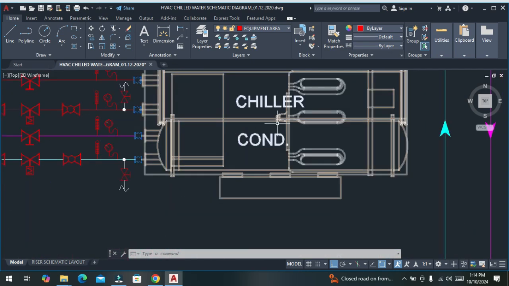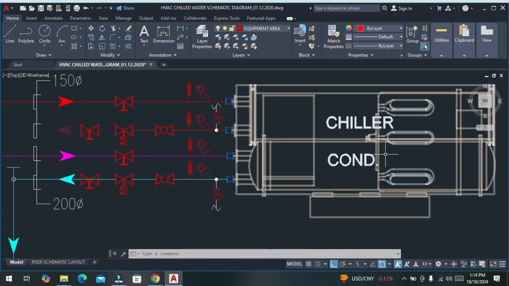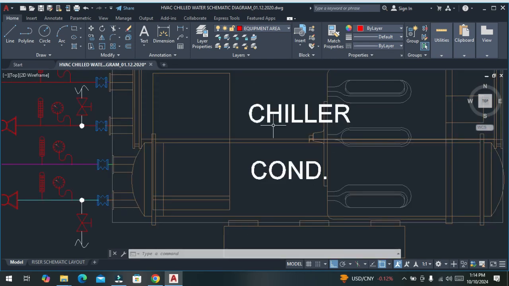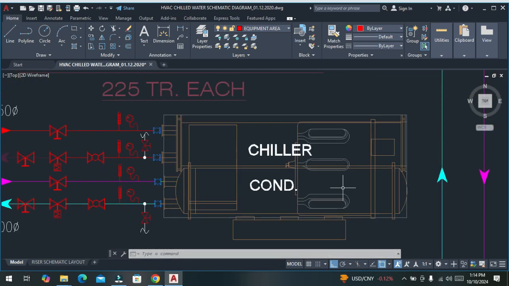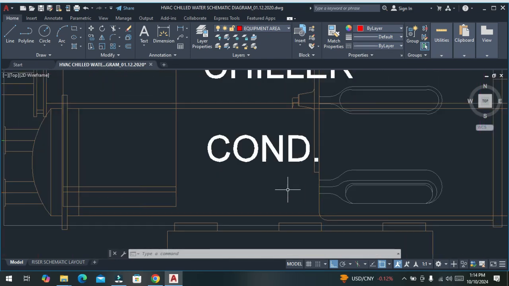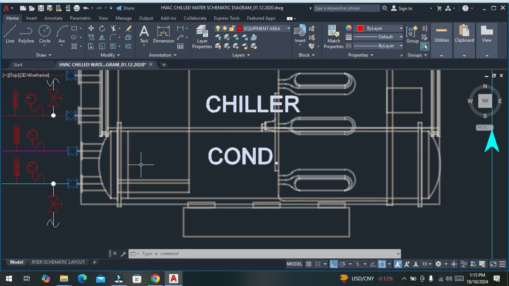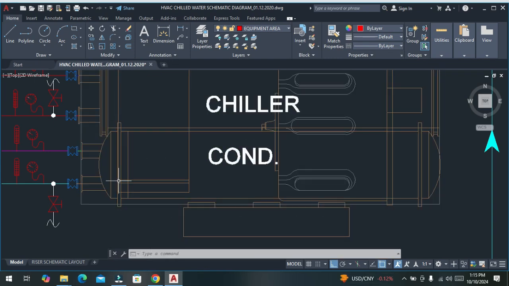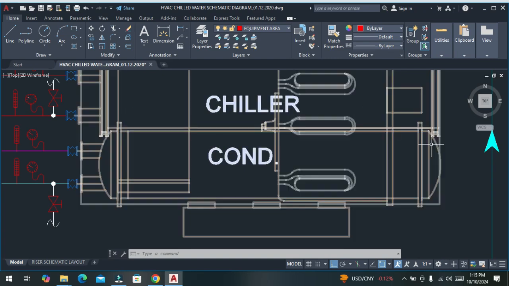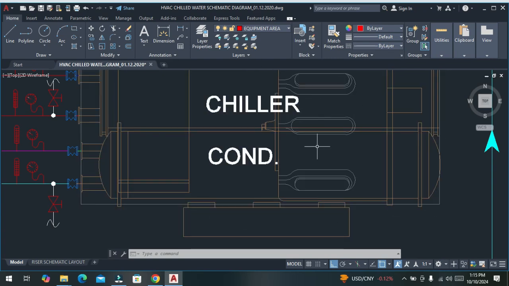If you look into this condenser, basically it is used to exchange heat from the refrigerant, which is at high temperature. In the tube there is water, and in the shell the refrigerant comes in, and that is where the heat exchange happens.